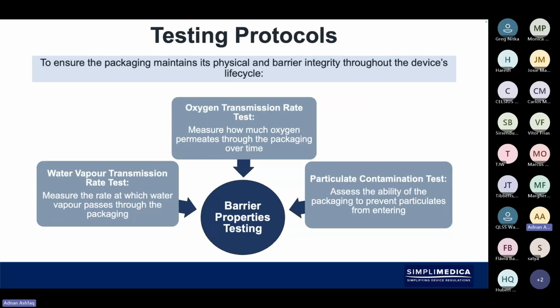The standards that I mentioned earlier on will give you guidance on some of these tests and the acceptance criteria, of what the benchmark testing is for these barrier tests. And then you've also got barrier properties testing, which is water vapor transmission testing. You've got oxygen transmission testing, particulate contamination testing.